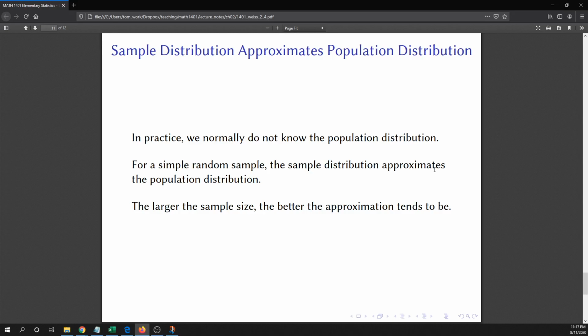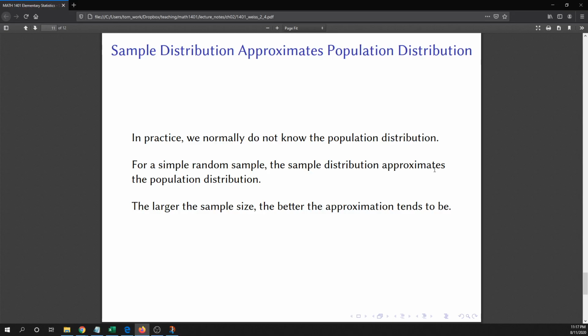So what we do in statistics, especially inferential statistics, is take a simple random sample and use that to approximate the population distribution. The larger the sample size, and this is key, as we'll see later on, the better the approximation tends to be. So you get better results by taking a larger sample, but the trade-off is that it's going to be more work, time, and money to take a larger sample.